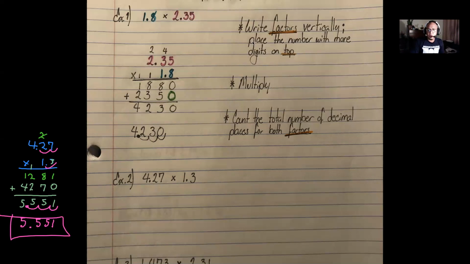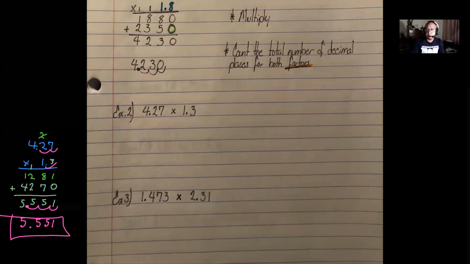Let's try one more, ladies and gentlemen. Okay. Let's do this one over here on the side. Let's use the same colors. So we have 1 and 473 thousandths times 2 and 31 hundredths. Now notice how even though this number is technically bigger, this is a 2 point something, this is a 1 point something, this one has more digits. Remember, the number with the most digits is going to go on top.